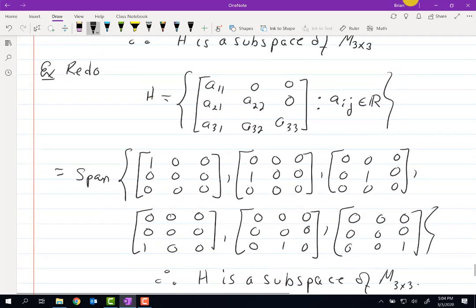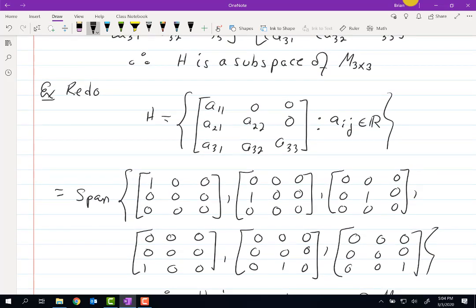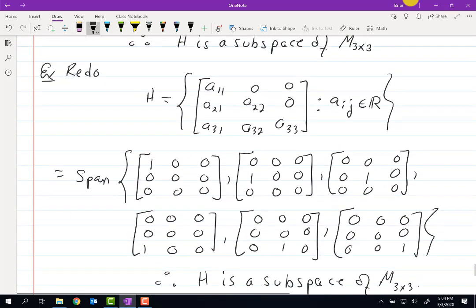I could leave any number of zeros in there and it will work. Notice I can't have non-zero numbers fixed in there, like if this was a 5, as soon as I add it to itself, it would be a 10 in that spot and it would ruin the chances of it being a subspace.